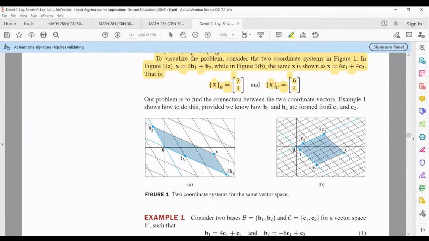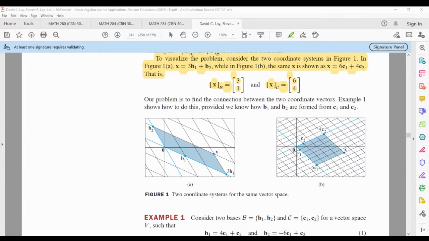And you can see in figure 1, picture A on the left and picture B on the right, is the vector x in the same location in both pictures? Okay. Benjamin thinks so. All right.